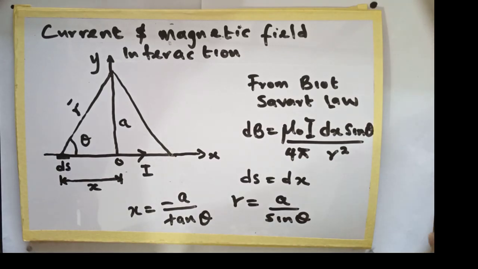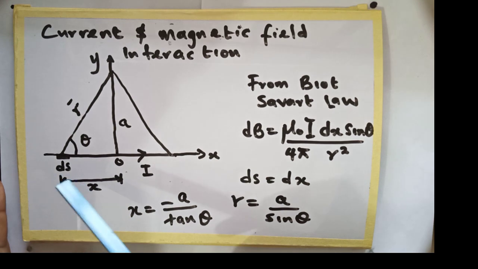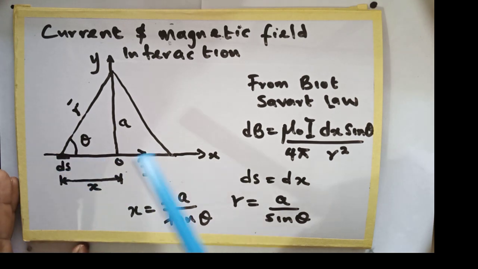In this video, we are going to present another method of calculating the magnetic field at any point around a current carrying conductor. We are still going to be using the Biot-Savart law, which is given by this expression here. We assume a conductor carrying a current I, and it has a length of 2x.